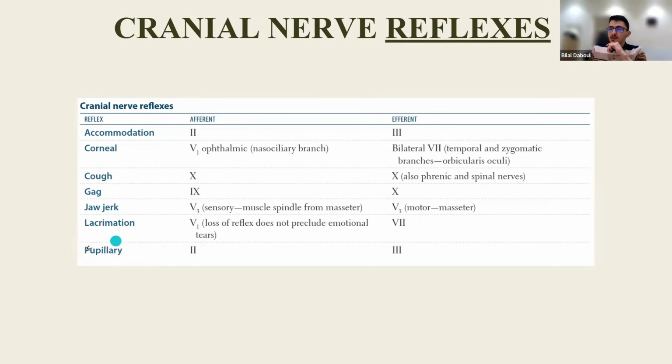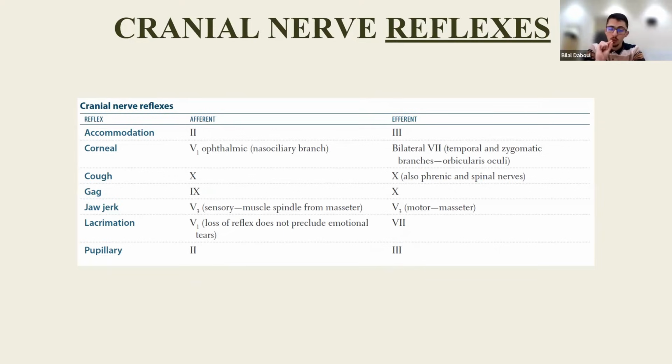For the pupillary light reflex, it's also very simple. Again, you would shine light onto the patient's pupil, and you would have reflex pupillary constriction. Okay, so the afferent limb would be through the optic nerve, because you need to see the light, and the efferent limb would be through the oculomotor nerve, because remember, what's the nucleus that is responsible for pupillary constriction?